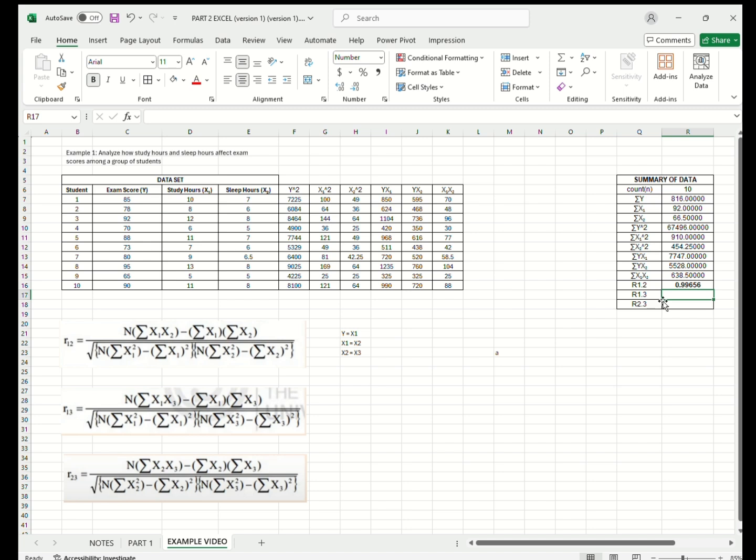Then for the R1.3, which is the correlation between the exam score and sleep hours.